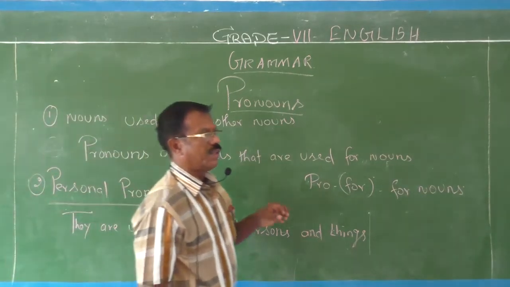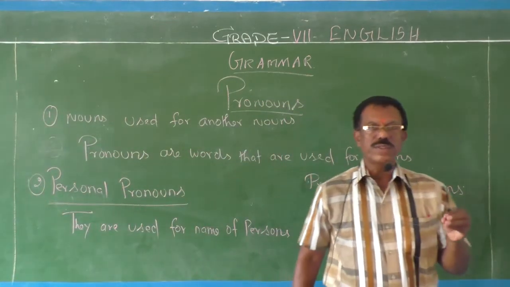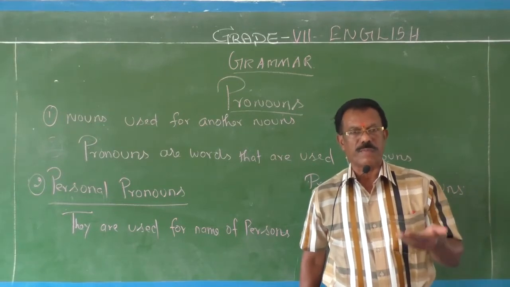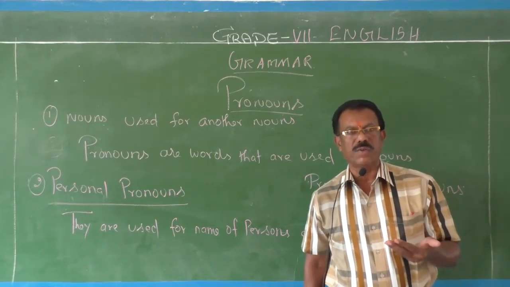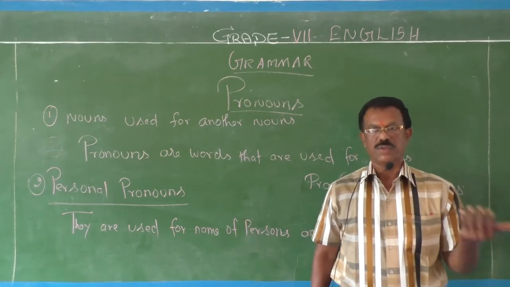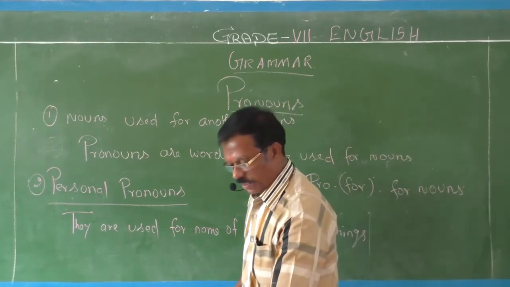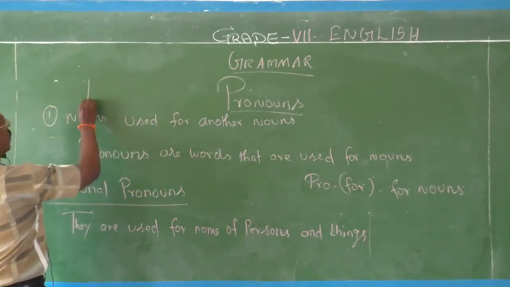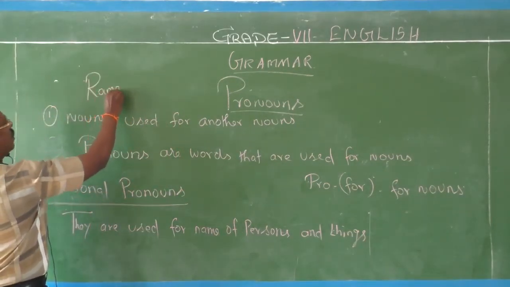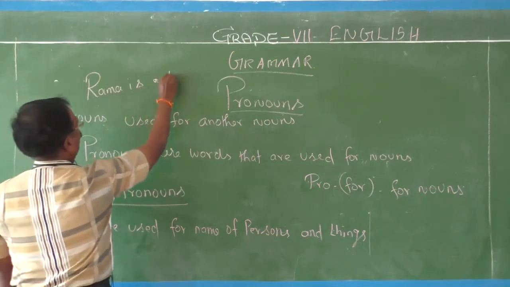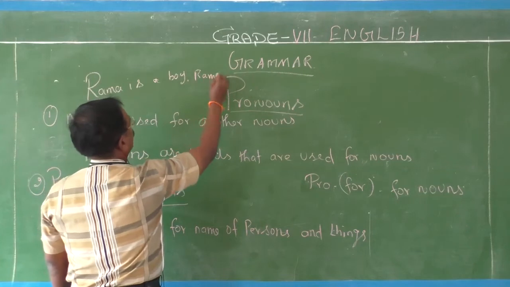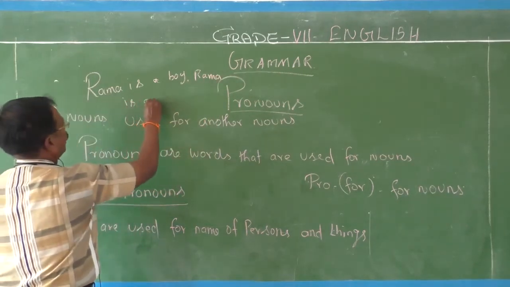You should know one thing very clearly, children. We use these pronouns to avoid the repetition of a particular noun, a proper noun, in many places. I will explain this concept with a simple example. Rama is a boy. Rama is a clever boy.